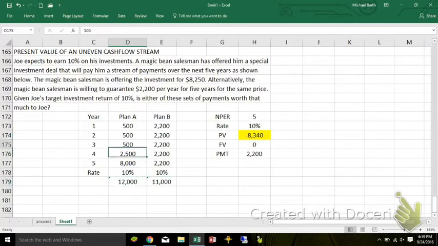Trouble is, I can't calculate the present value of this mess because the PMT is different. Now, I could calculate the present value of each of the cash flows, but the easier way to do this, if I want to know what the present value is, and on this one, the present value is $8,340.